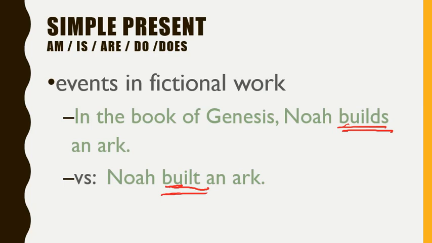If you believe that Noah was a real person because you're a Christian or you're Jewish, then you would take the events of the Bible literally and believe that this is a historical event, then you would say "Noah built an ark" because I know this is an event of history in past time. But if you consider the book of Genesis a work of literature and you think of it as just fictional work, then all the events in there are just like Romeo and Juliet. It's just literature, fiction. Then you would use the present tense, "Noah builds the ark."